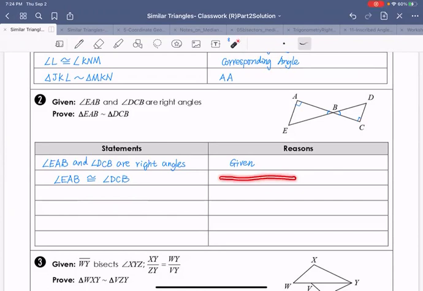What do we do here? Remember what do we do here? A definition of right angle. Right angles are congruent. Remember? Next step, go ahead. ABE is congruent to CBD.